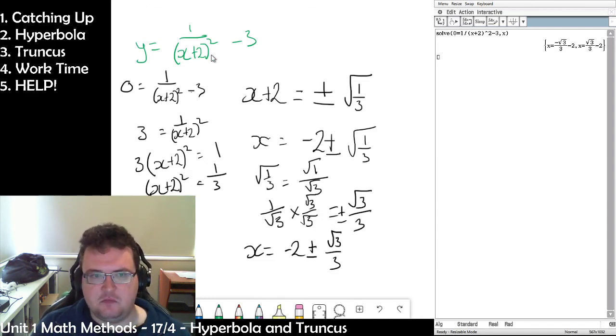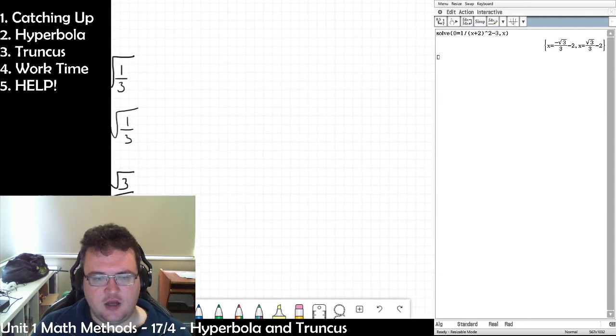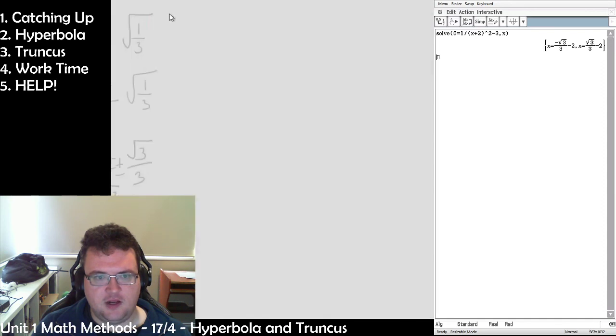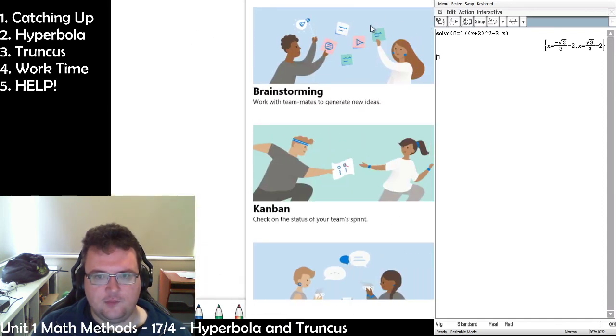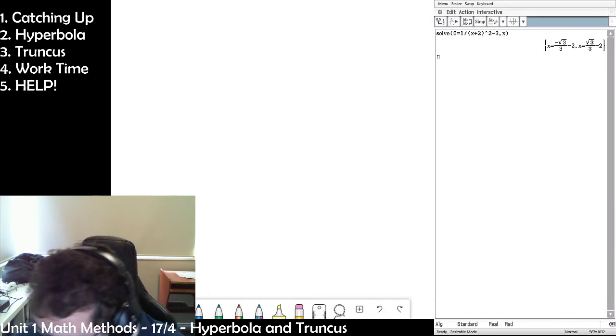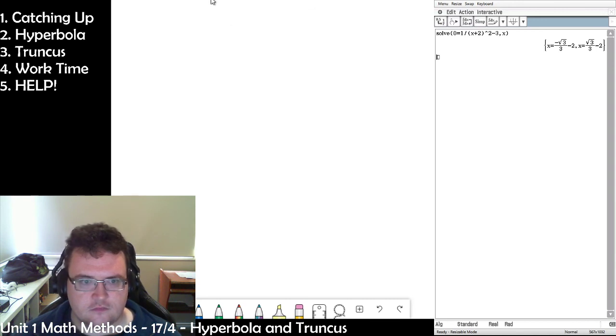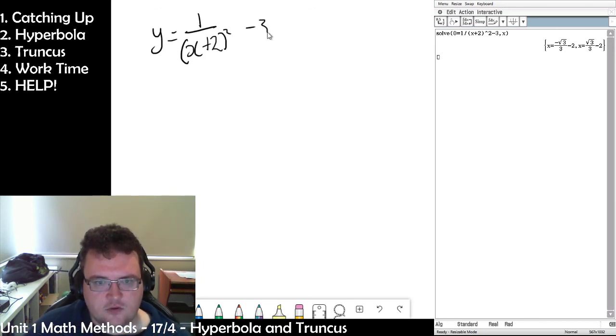Luckily, the y-intercept is much easier to do. It doesn't require any of this sort of shenanigans. So what we'll do is, I'll just move that over here. Let's make a new one. y equals 1 on (x plus 2) squared minus 3.